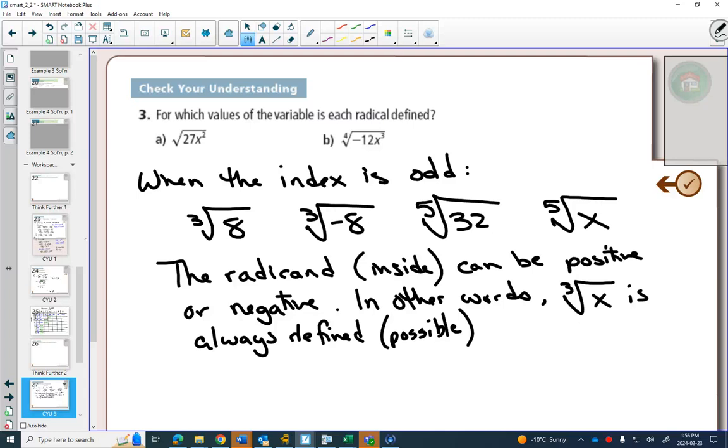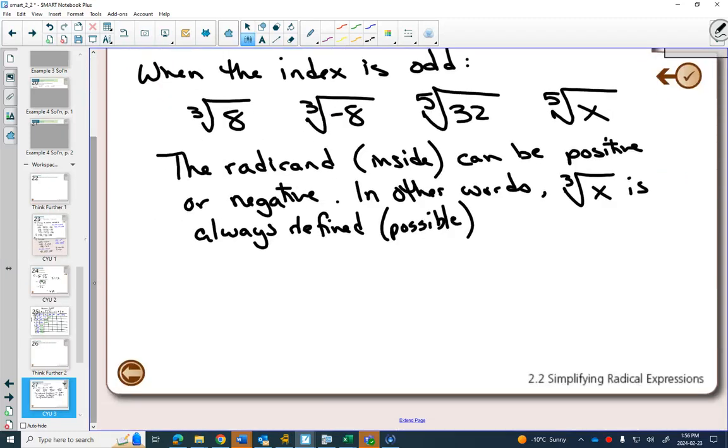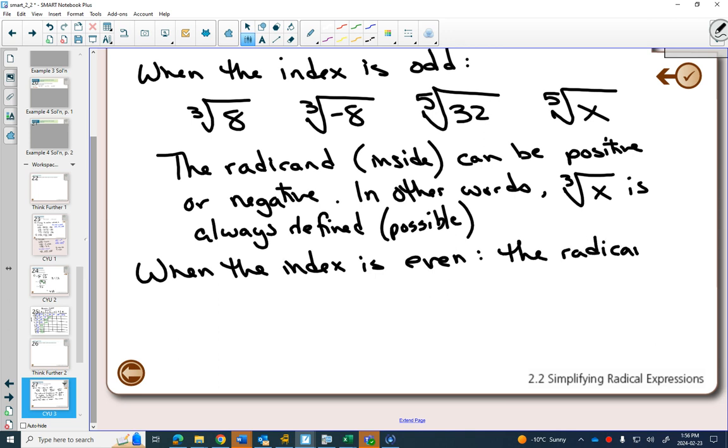But when the index is even, the radicand cannot be negative.